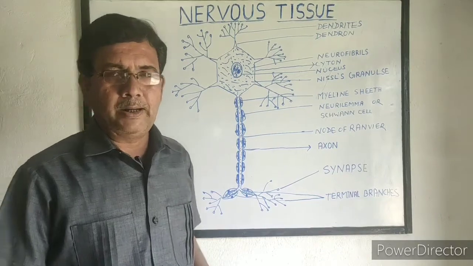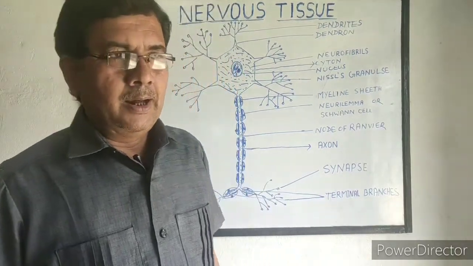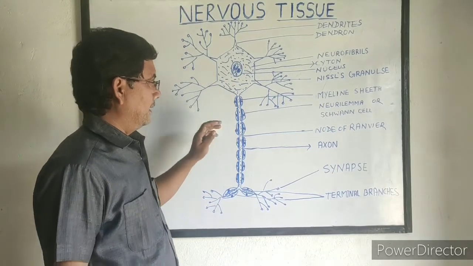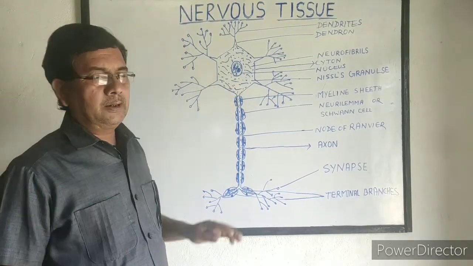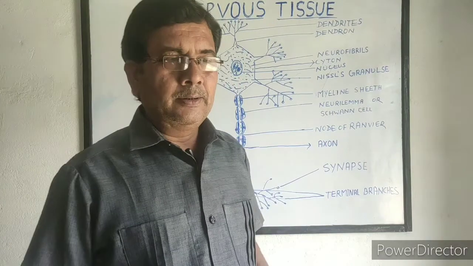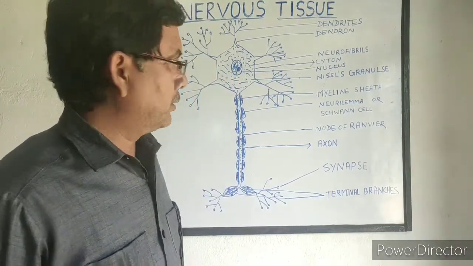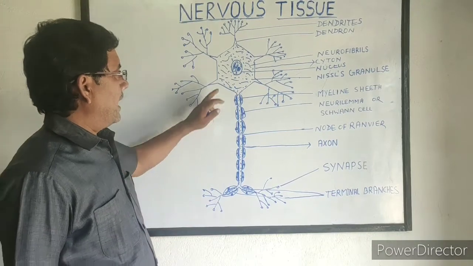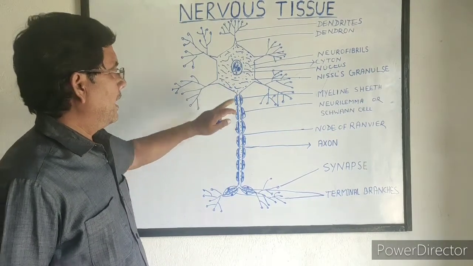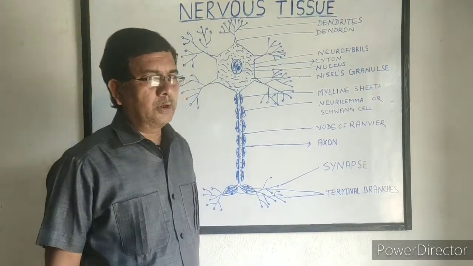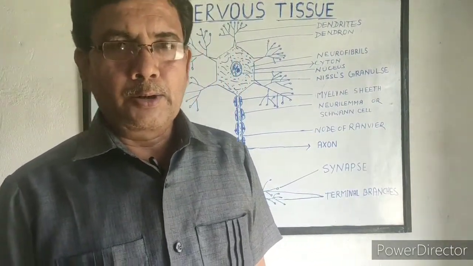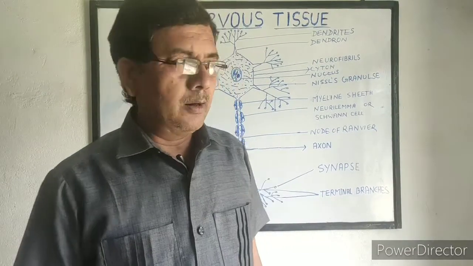Nissl's granules are mainly ribosomes, and neurofibrils are for contraction and relaxation. Neurofibrils are present only in neurons, and Nissl's granules are also present in the cell body of the neuron. Besides these, mitochondria and Golgi complexes are also found in the cell body or cyton.